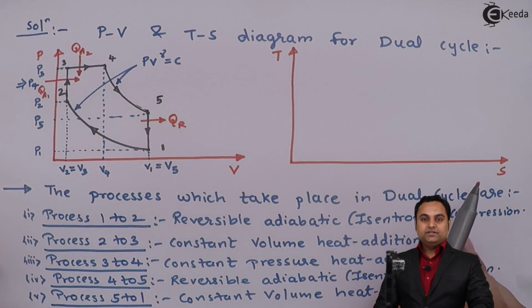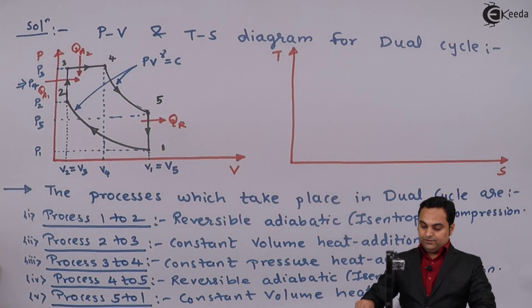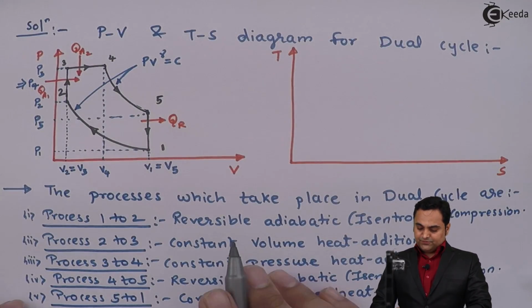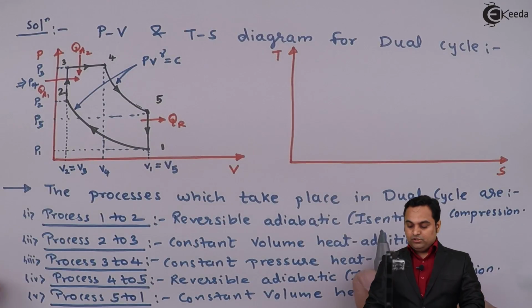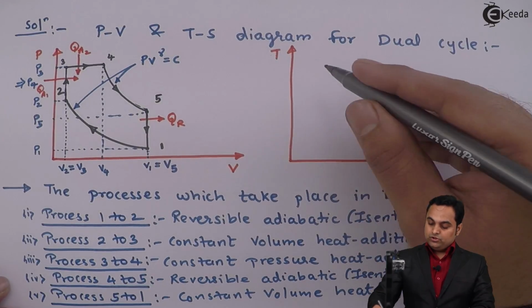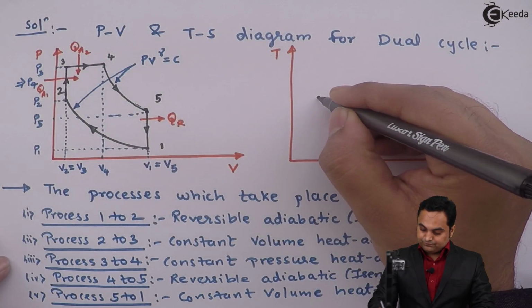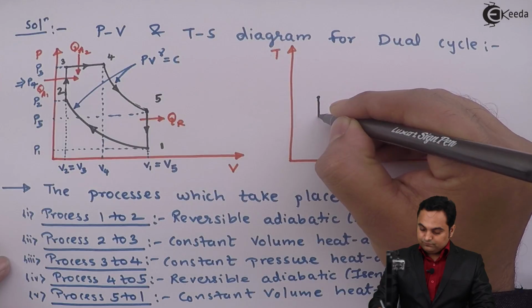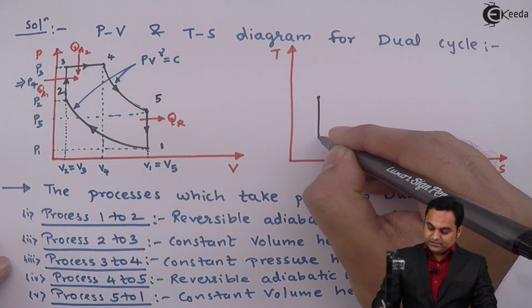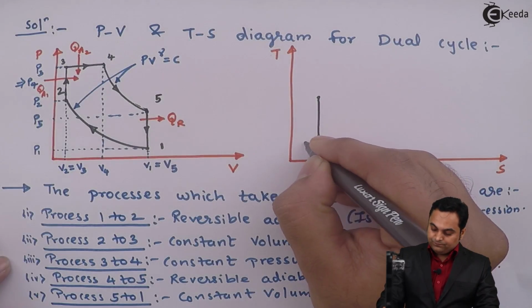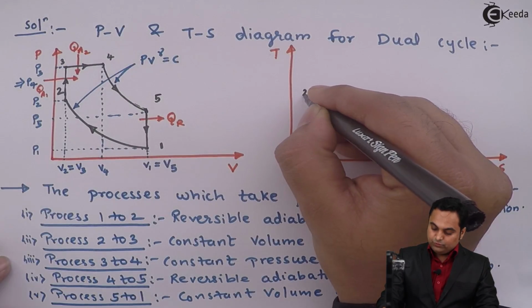Next, I'll draw the TS diagram, and here, as the first process is reversible adiabatic, or the other word is isentropic, it is isentropic compression, so it will be shown with the help of a vertical line on TS diagram from 1 to 2.